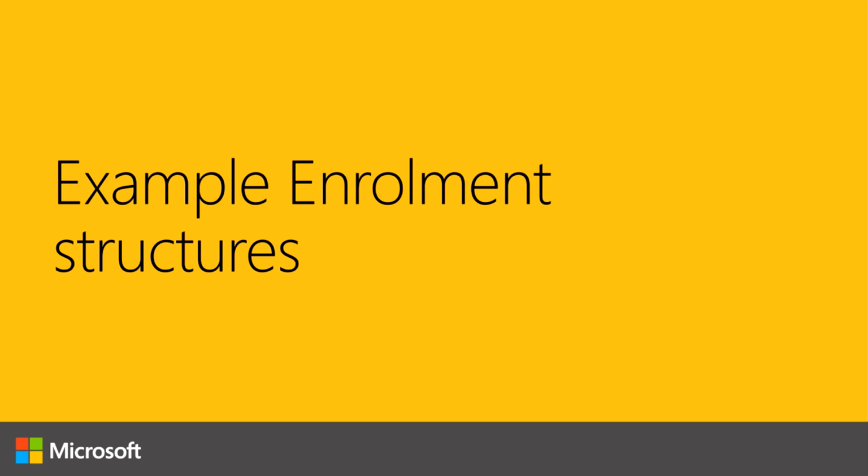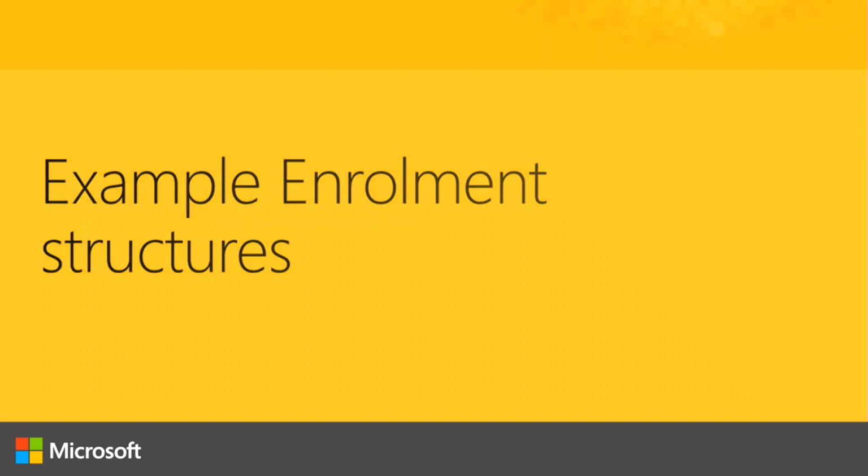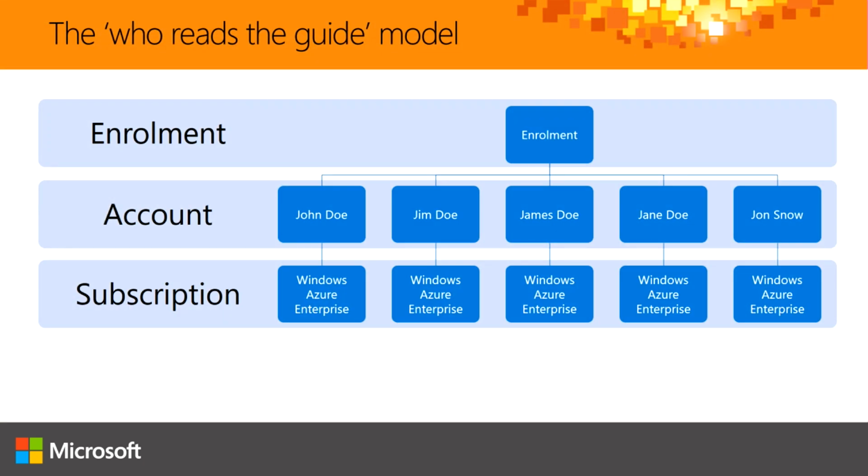So typically, I come across 4 example enrolment structures, right, that most organisations use. The first one, which I did allude to earlier, is the Who Reads the Guide model, right? So the first person that's got that email about welcome to Azure, go into the EA portal and set up your Azure enrolment, has gone, okay, I'm just going to give John and then Jim and then everyone up to John, again, access to an Azure account.